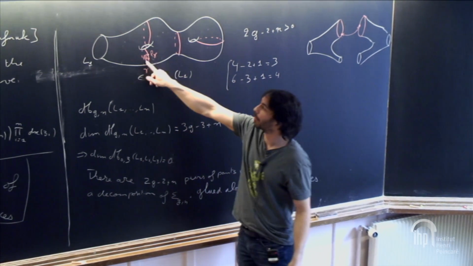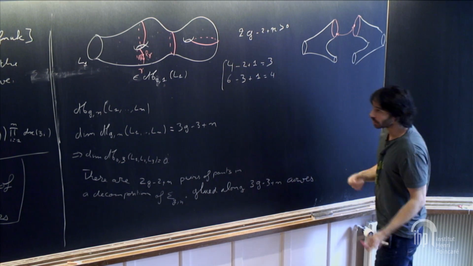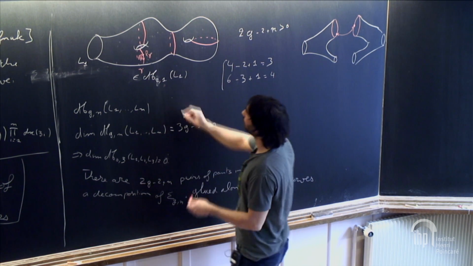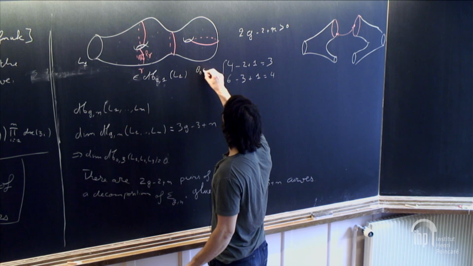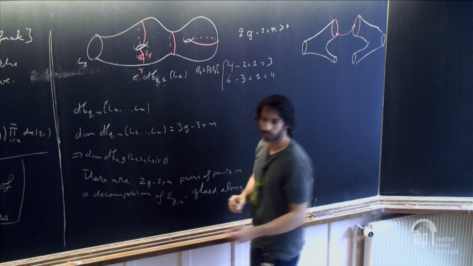It's a twisting parameter which just lives on the circle S1. So you can think of theta gamma as being an element of 0, L gamma.